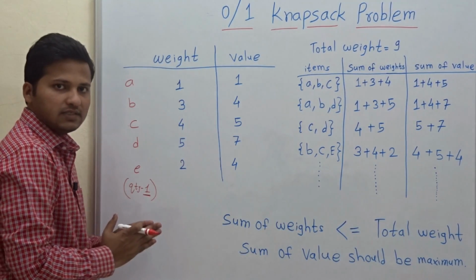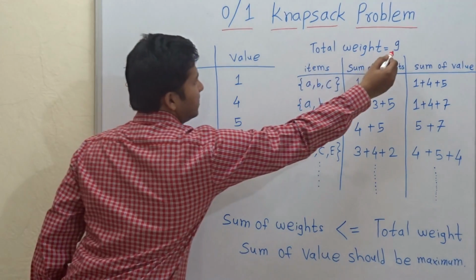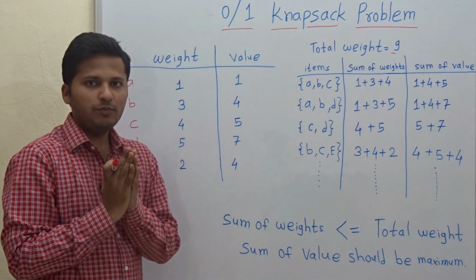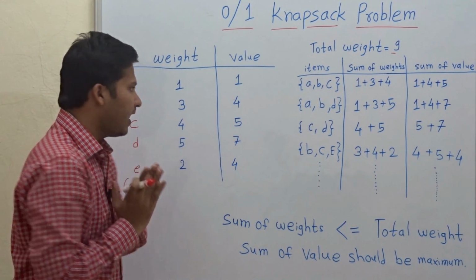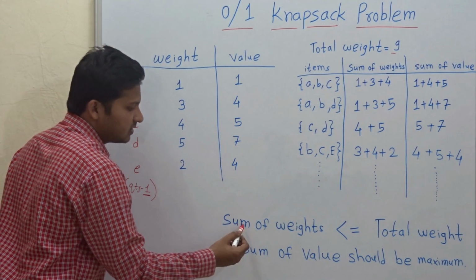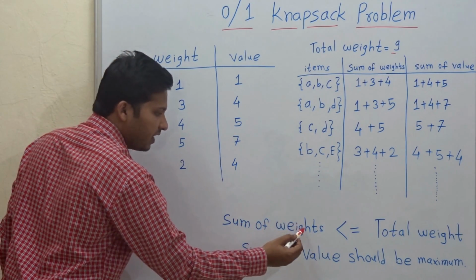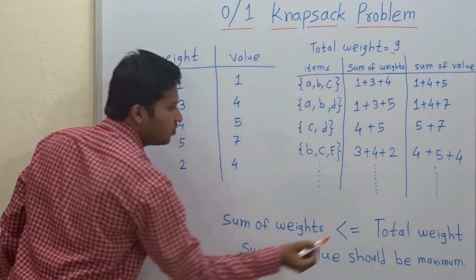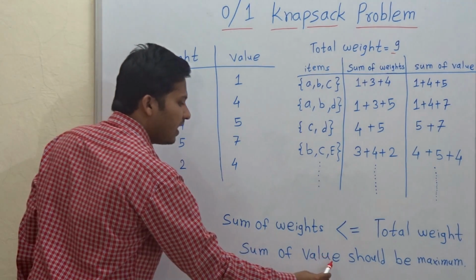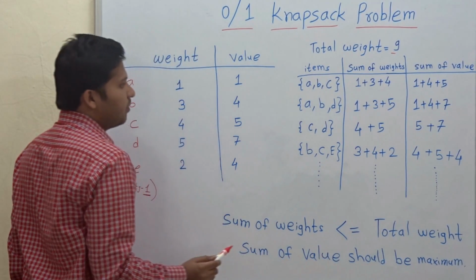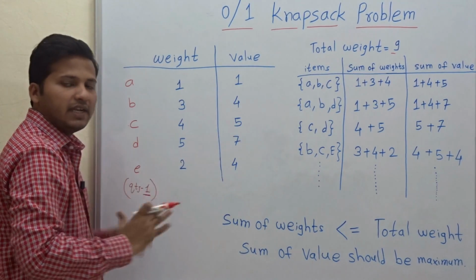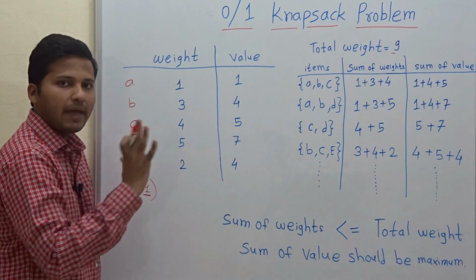The total weight is given as 9 in this case, but for any other problem the total weight will be given to you, and you have to always make sure that the selected weights and the sum of those weights is always less than or equal to the total weight given, and the sum of the value should be maximum, means the values of the respective weights, the addition of those values should be maximum.